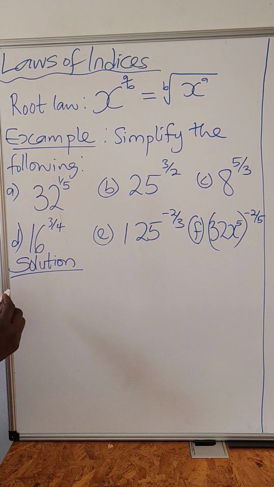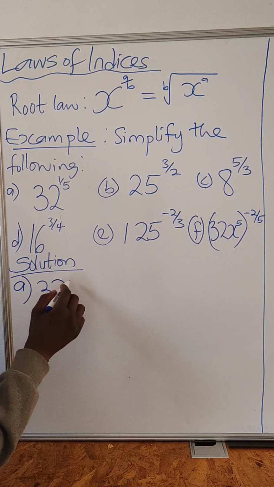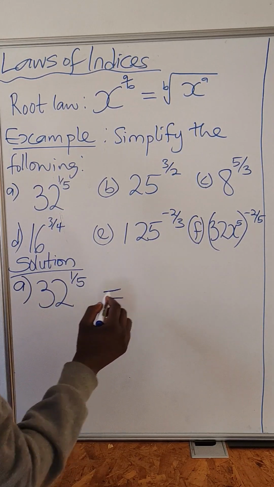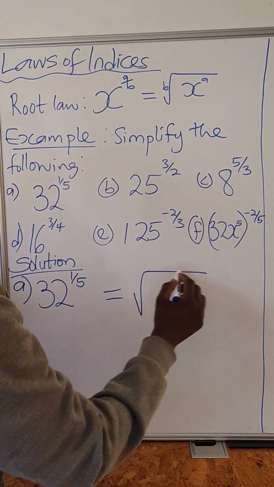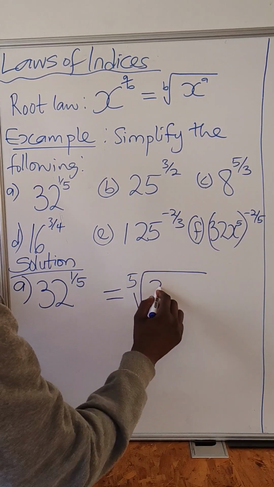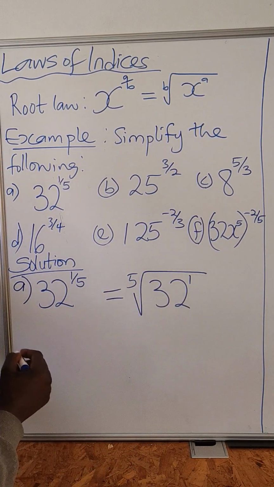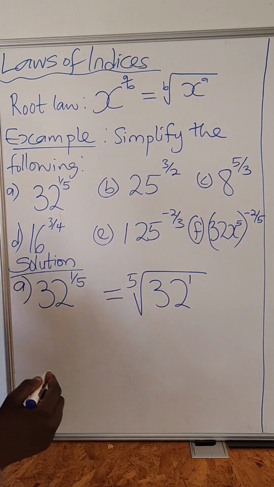Let's start with 32 raised to power 1 over 5. By the root law, this will give us the 5th root of 32 raised to power 1, since the denominator is 5 and the numerator is 1.